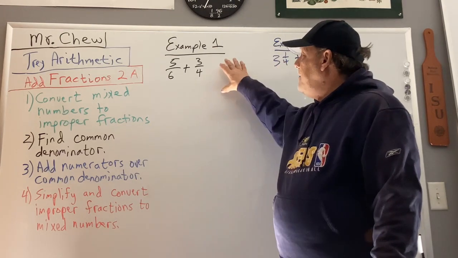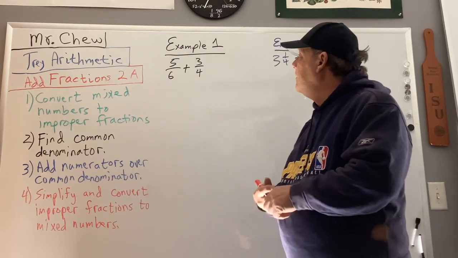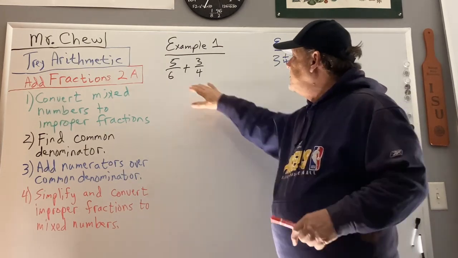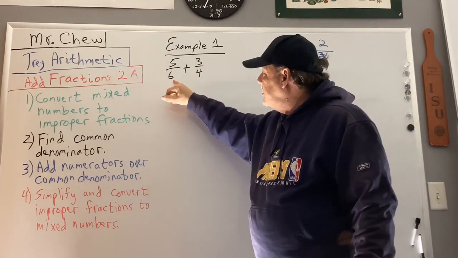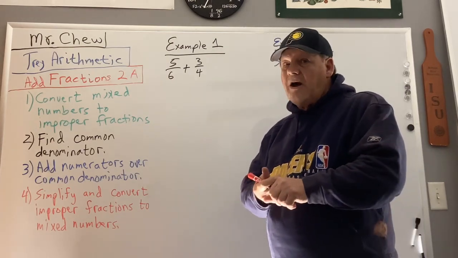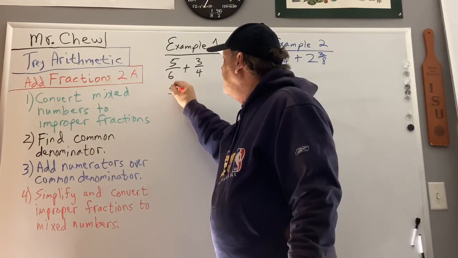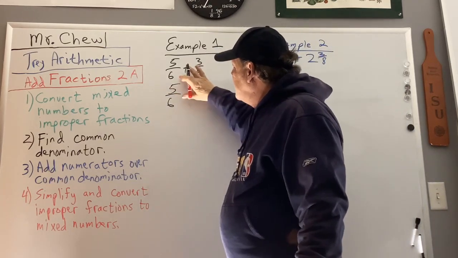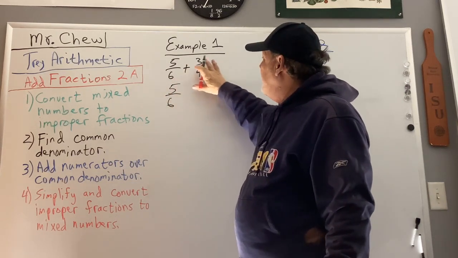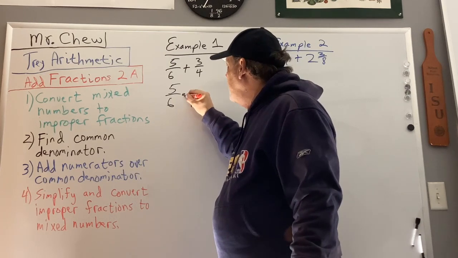So let's look at example 1 here. In example 1, we have to take our 5/6 and 3/4 and change the 6 and the 4 into the same number. That's called a common denominator. And one of the easy ways to do it is to just take this 6 and multiply it by the other denominator, which is 4.